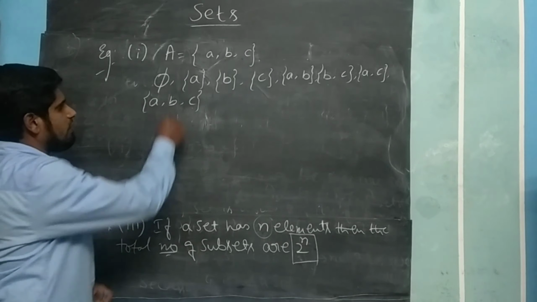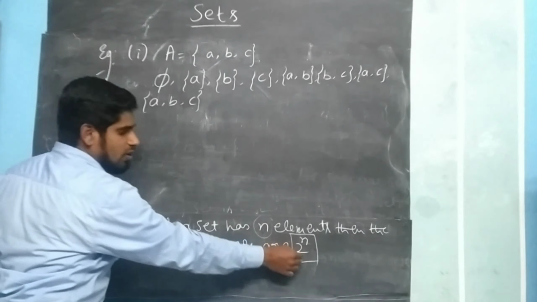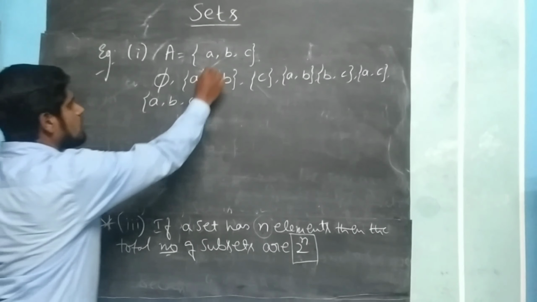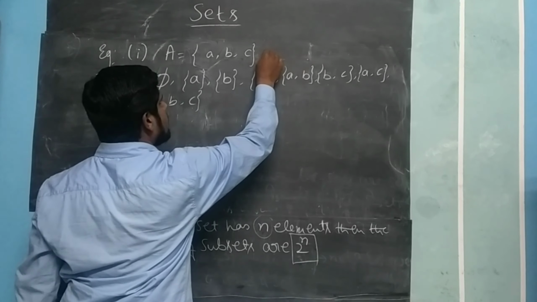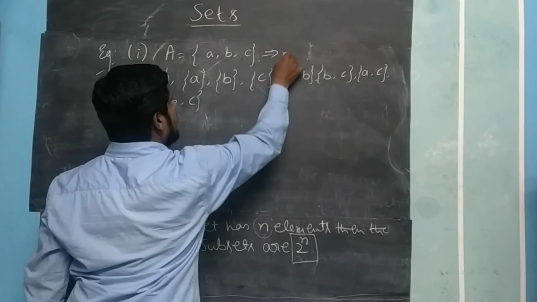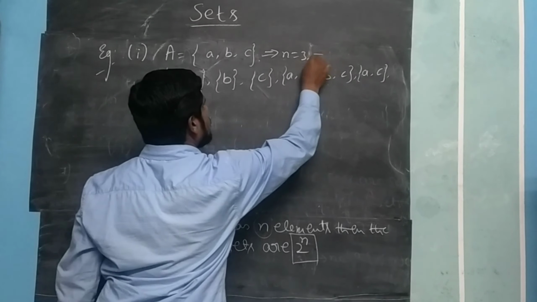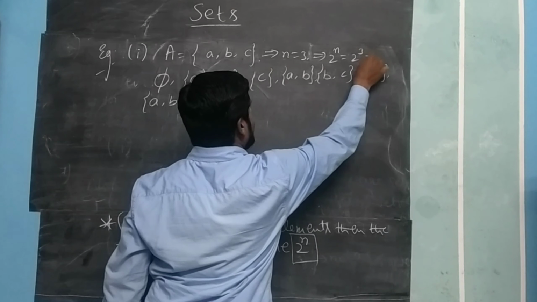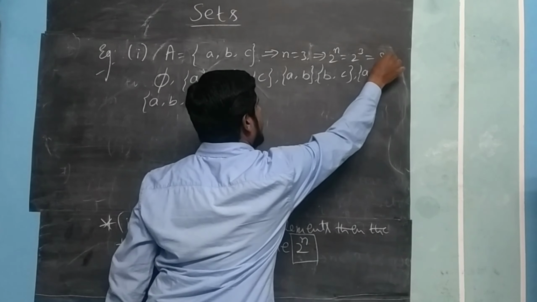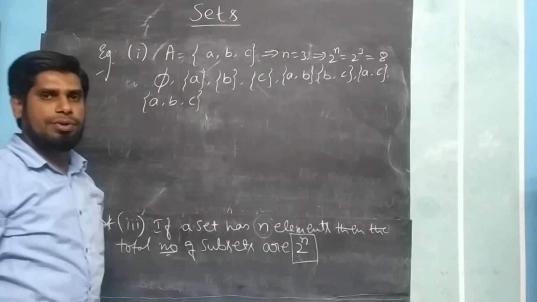Now, how to identify the total number of subsets? I will use this formula here. This set has 3 elements, so n is equal to 3. Then it is 2 power 3, which is 8, that is 2 into 2 into 2.